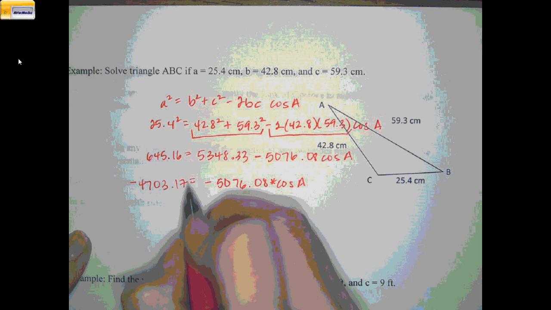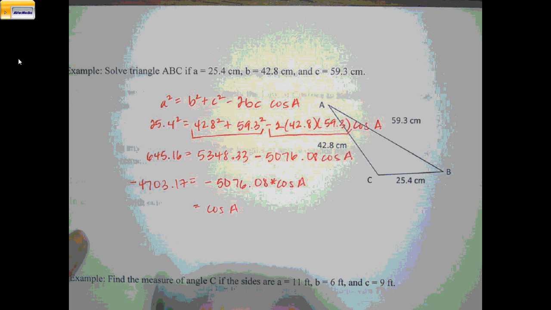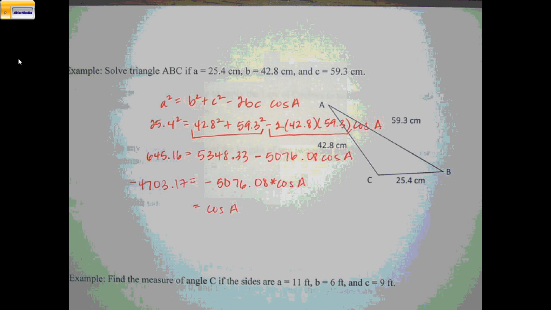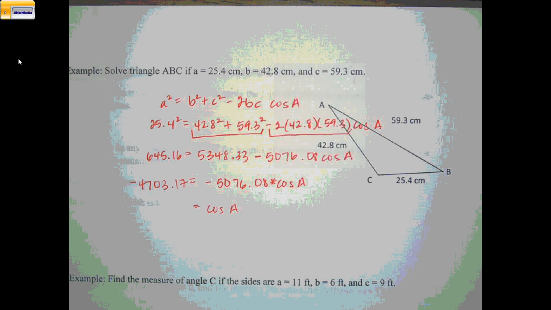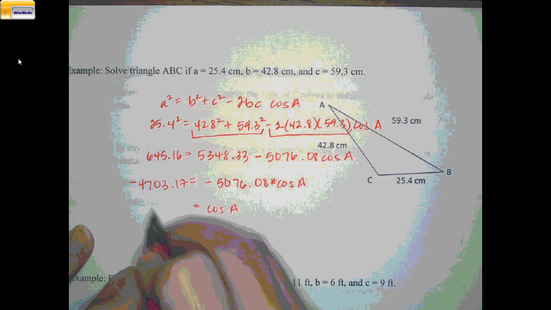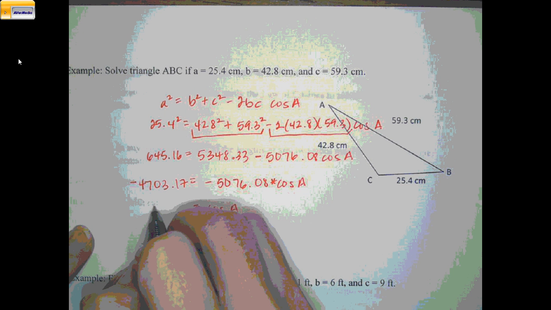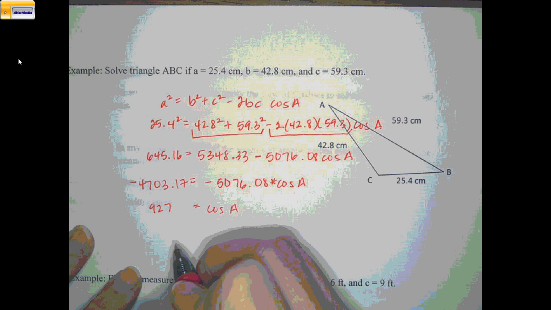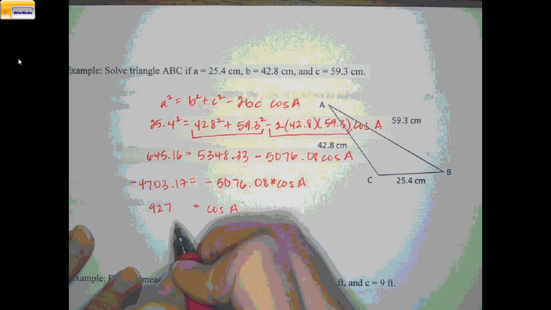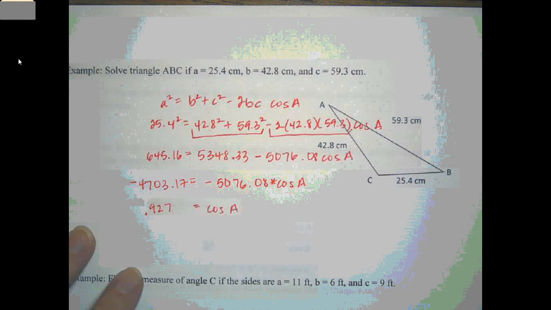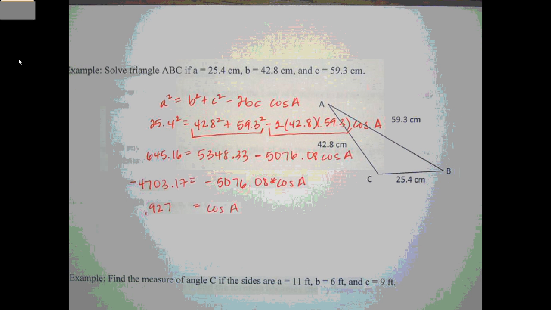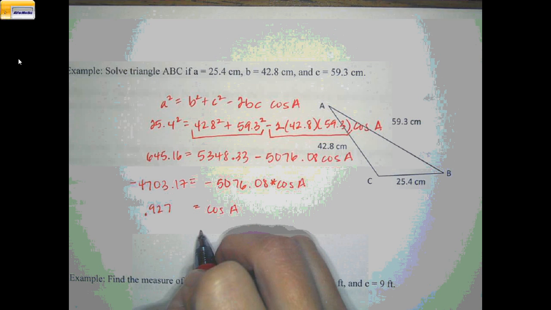Carson, tell me what you get. Whoops, negative? Negative divided by negative should be a positive. Positive 0.927. Which makes more sense. Now, how do you undo cosine, friends? Arc cosine.